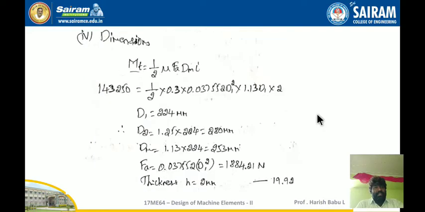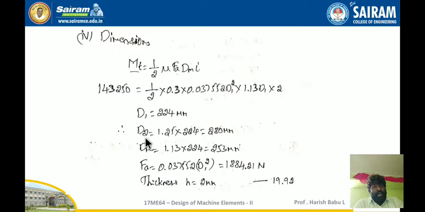Next, the dimensions. Again I use the torque formula, Mt equals half mu Fa dm into i. Mt was already calculated in the first step, that is 143250. Then 1 by 2, mu is 0.3, Fa is 0.037552 into d1 square, and dm in terms of d1 is 1.13 into d1, into 2, because both sides are effective. Simplifying this equation, I get d1 equals 224 mm.